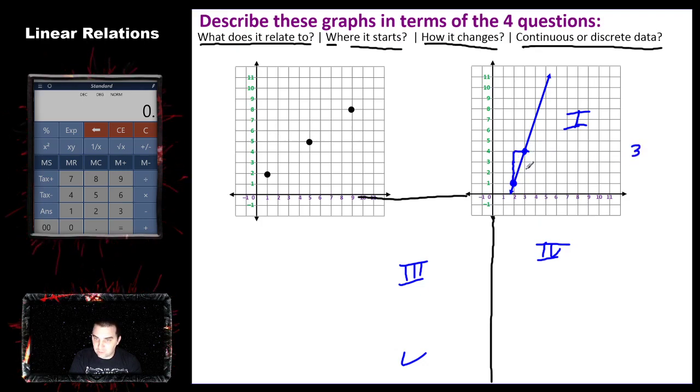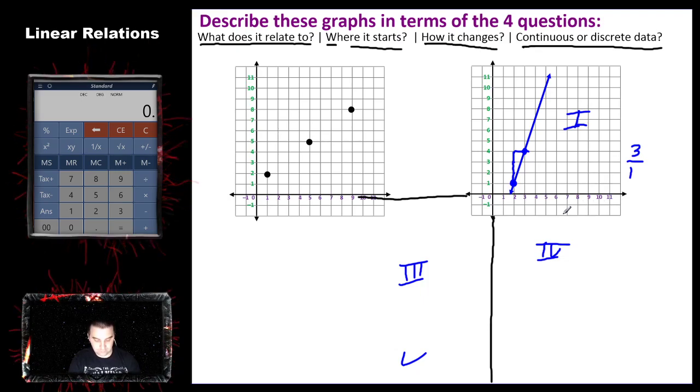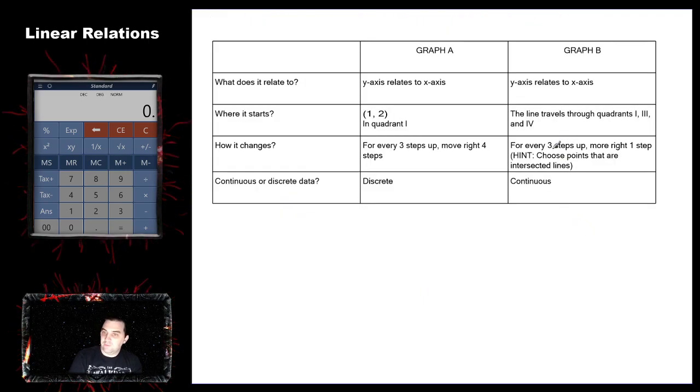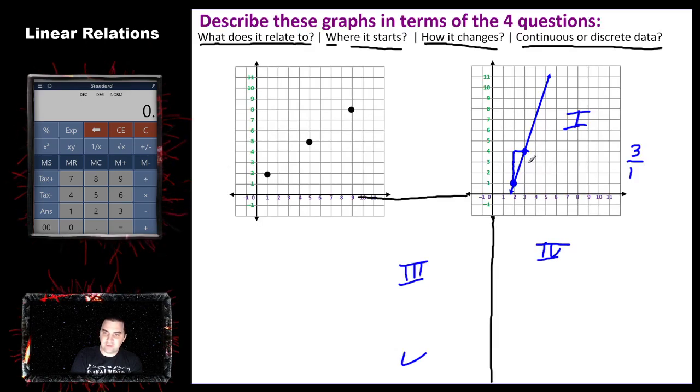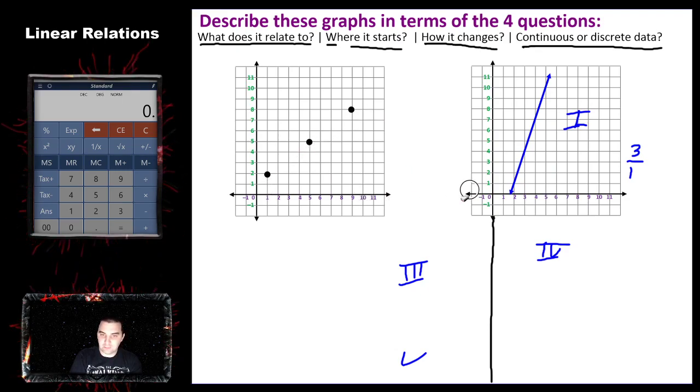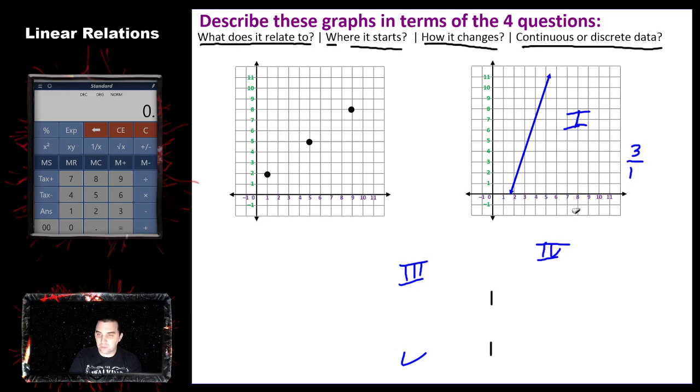So rise 3, run 1. So for every 3 steps up, you move 1 step right. Why do I keep messing that up? All right, and it is definitely continuous because there are no individual dots. So that means that all the stuff in between would make sense as well.